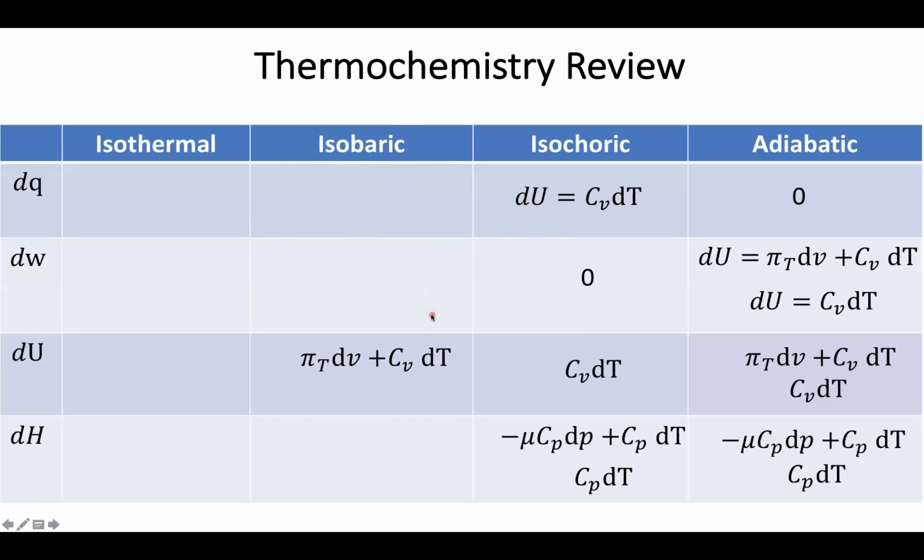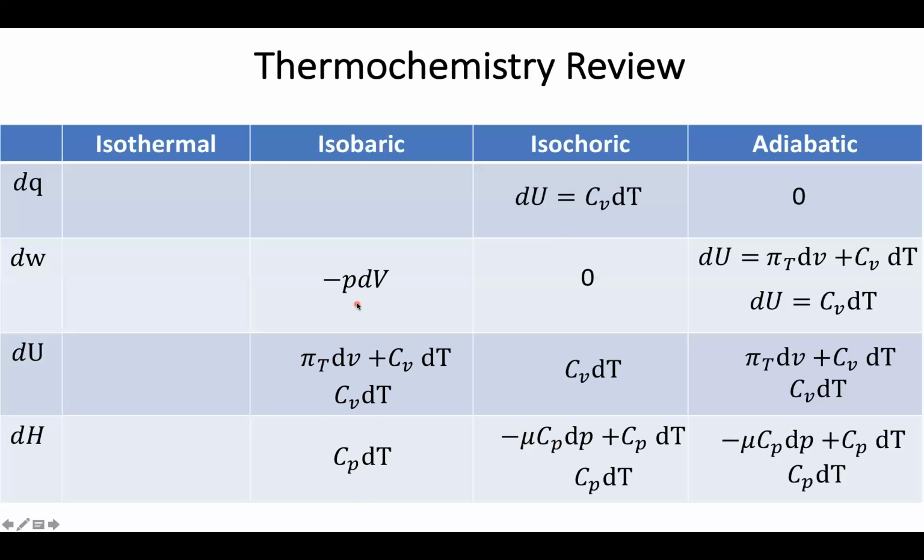So under isobaric conditions, well, it turns out our internal energy doesn't simplify that much. So internal energy is not the best thing to use under isobaric conditions. However, enthalpy was designed for this, as we no longer have to worry about any Joule-Thomson effects, and we simply are relying on the temperature.